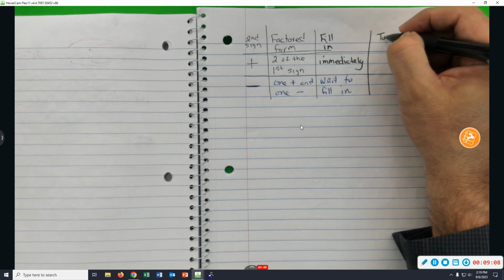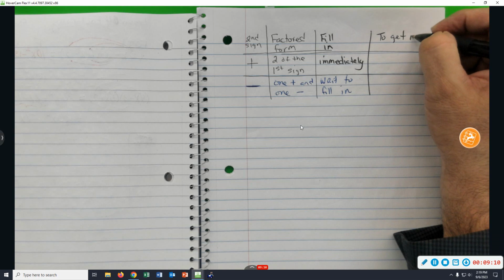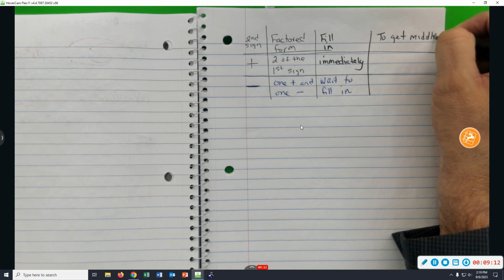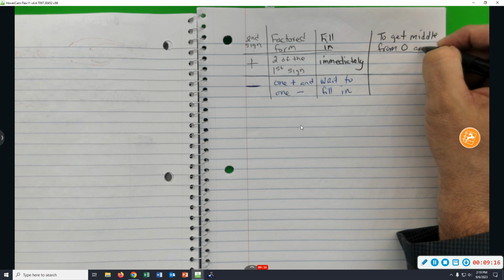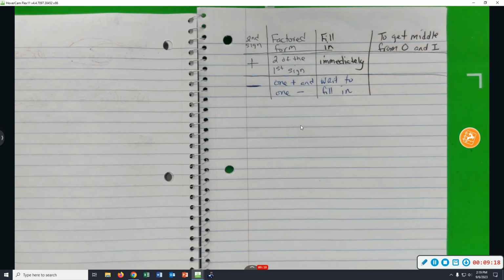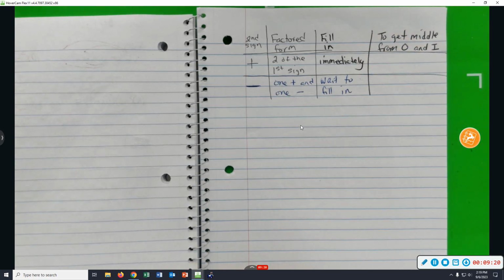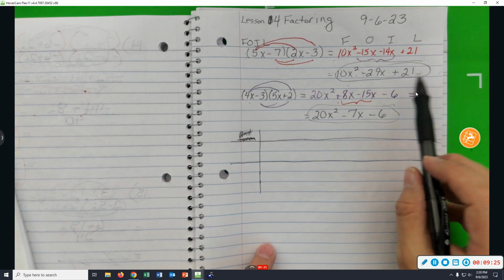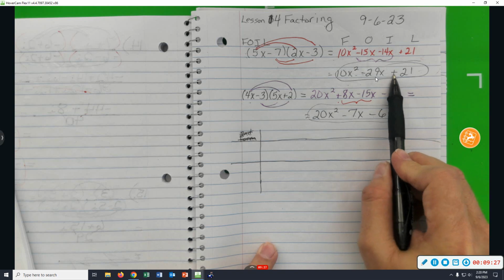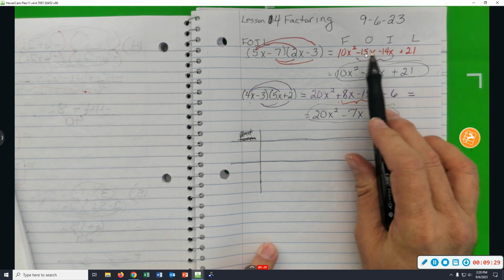Now, to get the middle term from the outer and the inner. How do we get the middle term from the outer and the inner terms? Well, over here on this one, if the second sign is plus, what did we do to the 15 and 14?